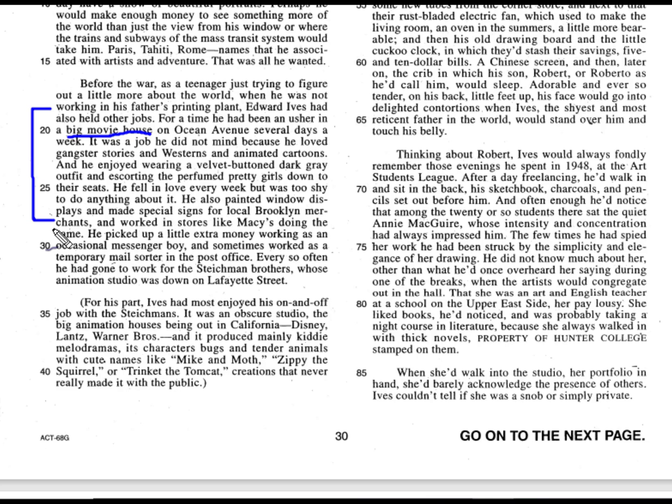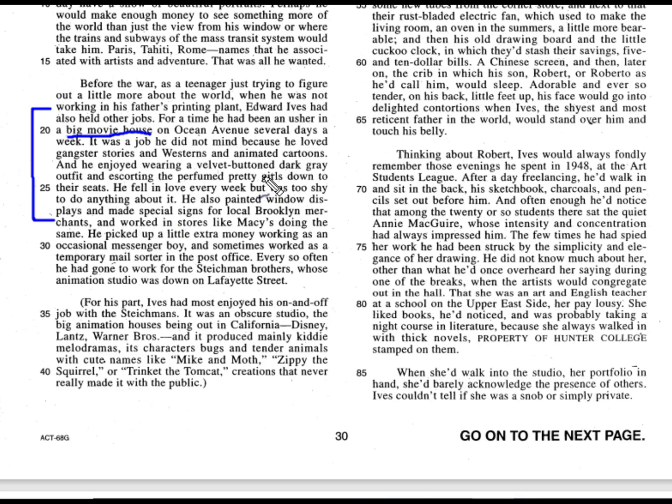So answer choice A says wearing a dark green outfit. We're looking for the one that's not in there. So did he indeed wear a dark green outfit? You simply look in here and see, does it talk about a dark green outfit? So let's look.